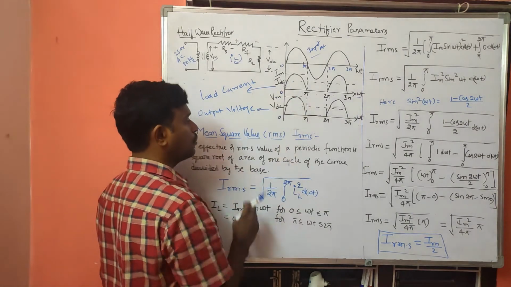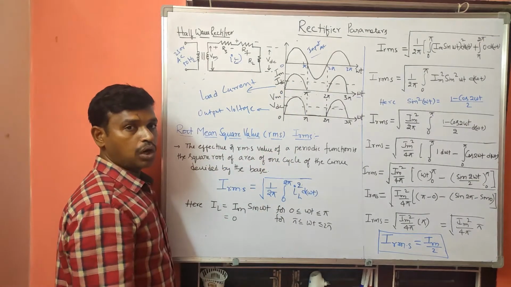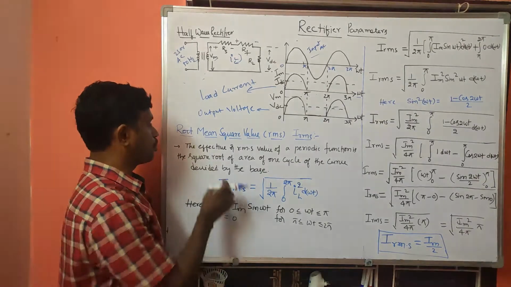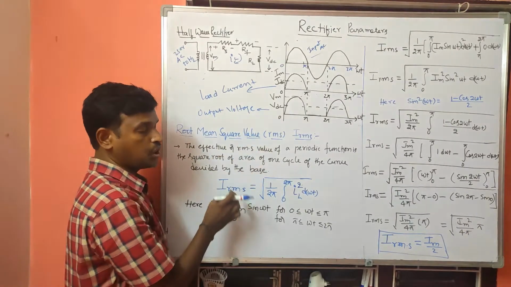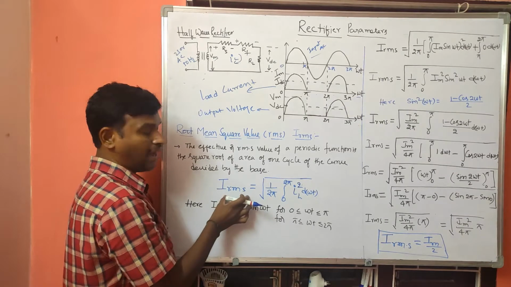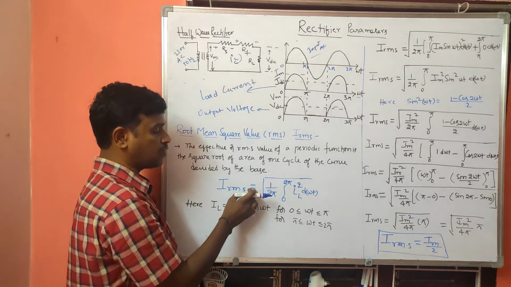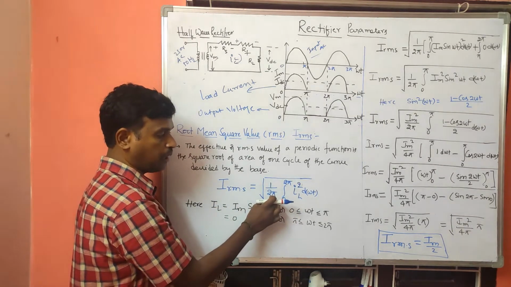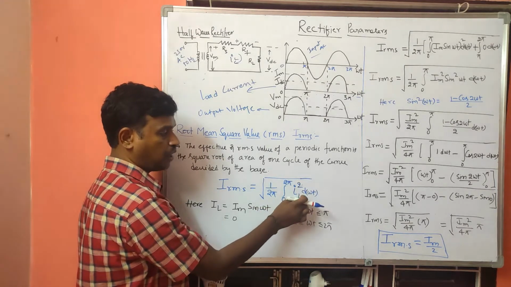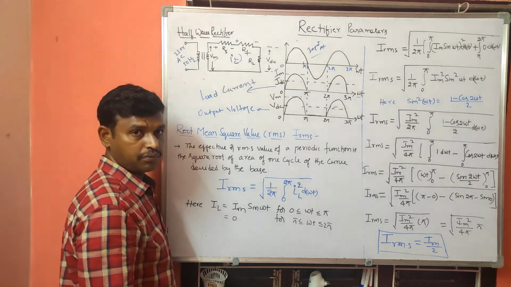Now, what is the RMS value, or root mean square value, here? IRMS is equal to the square root of 1 by 2 pi, integral from 0 to 2 pi, of IL square d omega t.